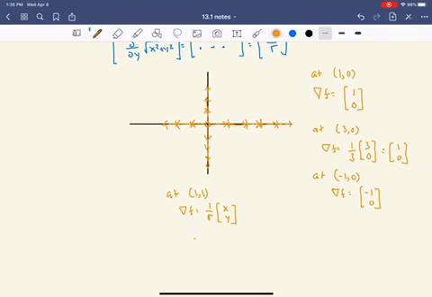So that means that we're going to have 1 over square root of 2 times (1, 1), or square root of 2 over 2 times (1, 1). Now, square root of 2 over 2 is 1.4. Let me just double check that. Nope, it's actually 0.7. So at (1, 1), I'm going to have a little bit of a shorter arrow.